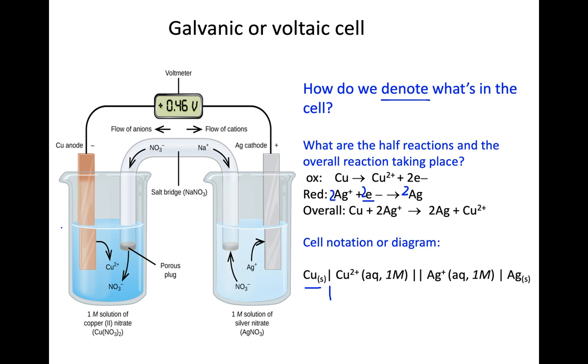The 2 double lines indicate a salt bridge. Then I'm over the salt bridge and into the other half cell, and in this case, I've got silver ions in solution. And then I end with the final electrode. So it's always electrode, what's in solution, double line for salt bridge, what's in solution, line, electrode. In this case, we also have active electrodes. They're involved in the reaction. Let's look at an example where we don't have active electrodes.